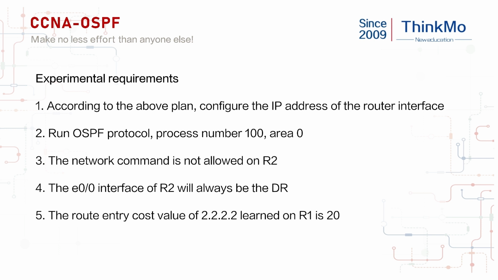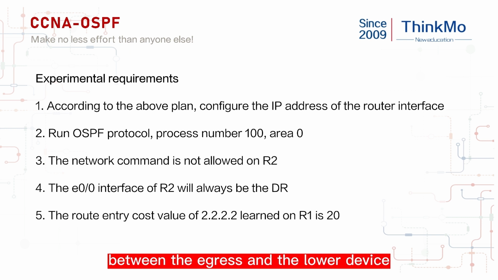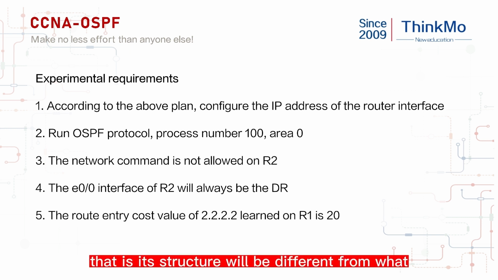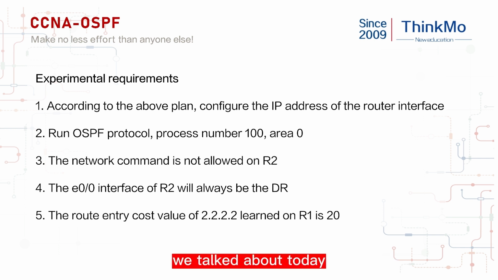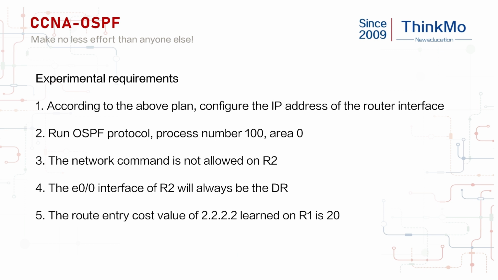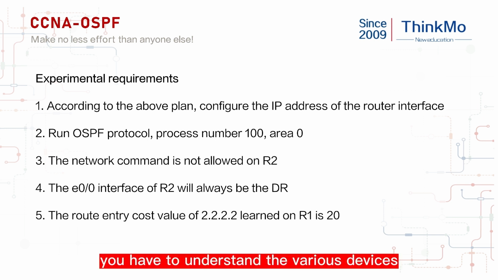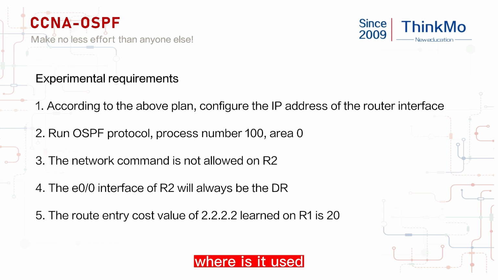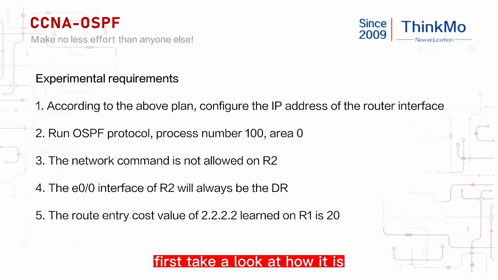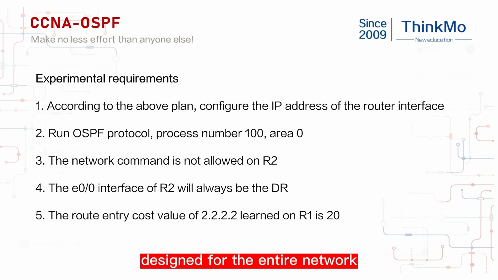Generally speaking, we will run OSPF between the egress and the lower device. Maybe give it a default. That is, its structure will be different from what we talked about today. But we generally choose higher performance. It's okay. You have to understand the various devices, where they are used. First of all, you have to learn the multi-region. First take a look at how it is designed for the entire network.